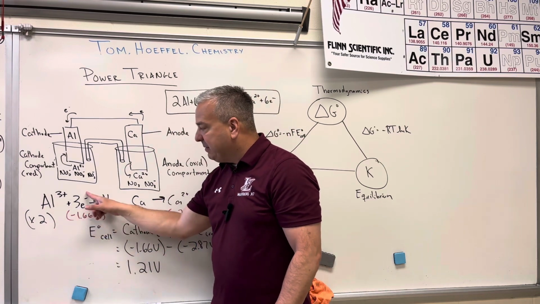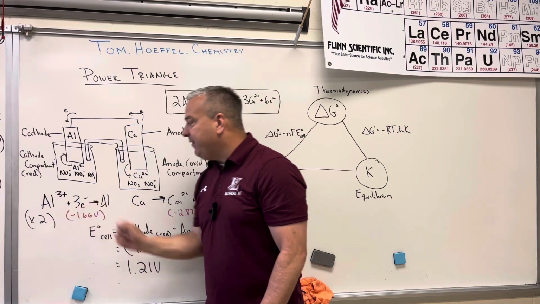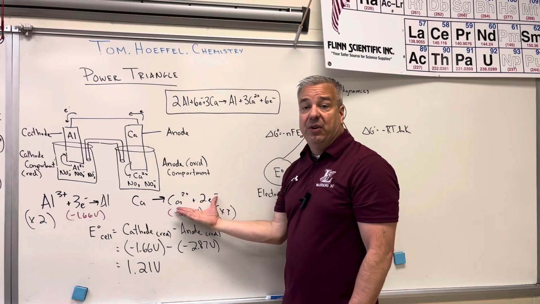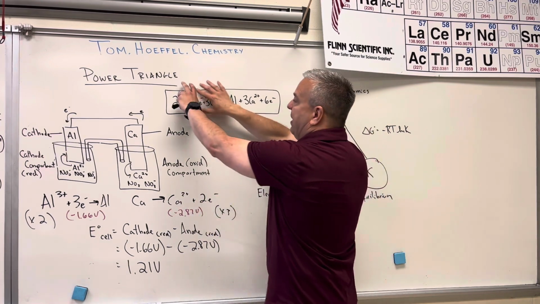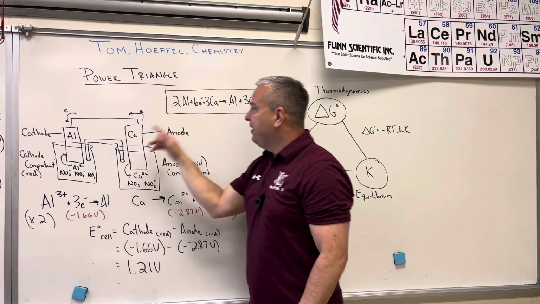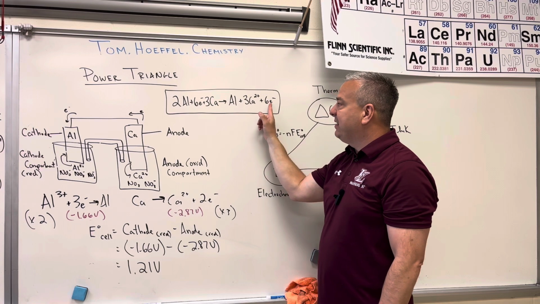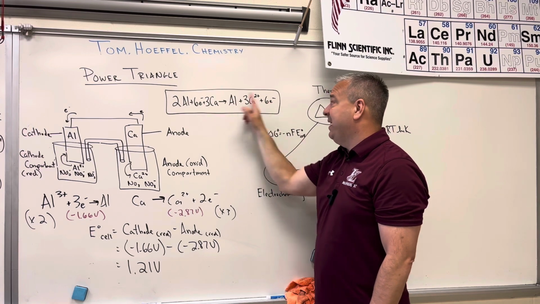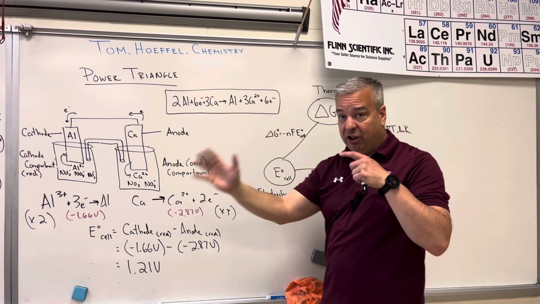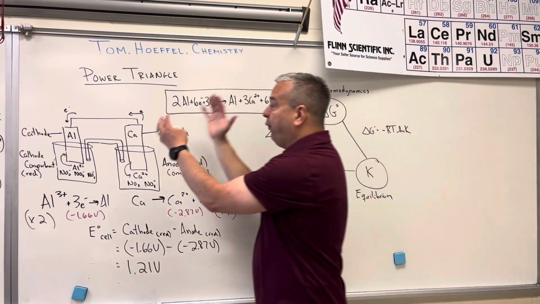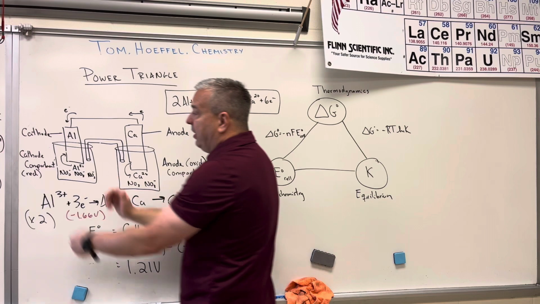We multiplied this by 2, so it's receiving 6 electrons, and we multiplied this by 3 so that it'd give up 6 electrons. When we put these two equations together, you can see that 6 electrons are lost and 6 electrons are gained, which means 6 electrons are being transferred from the calcium to the aluminum.